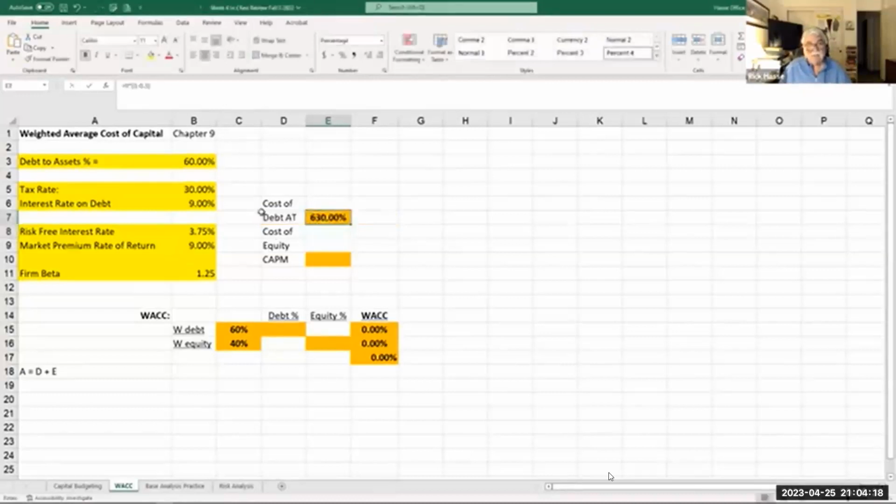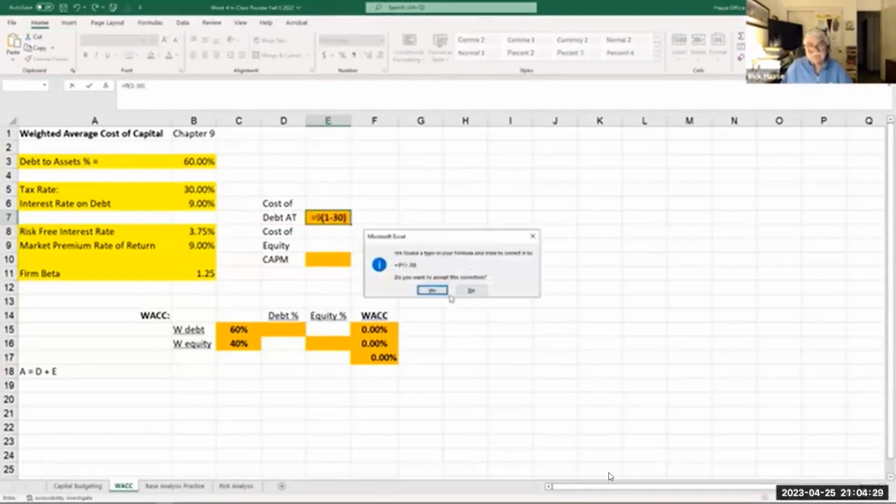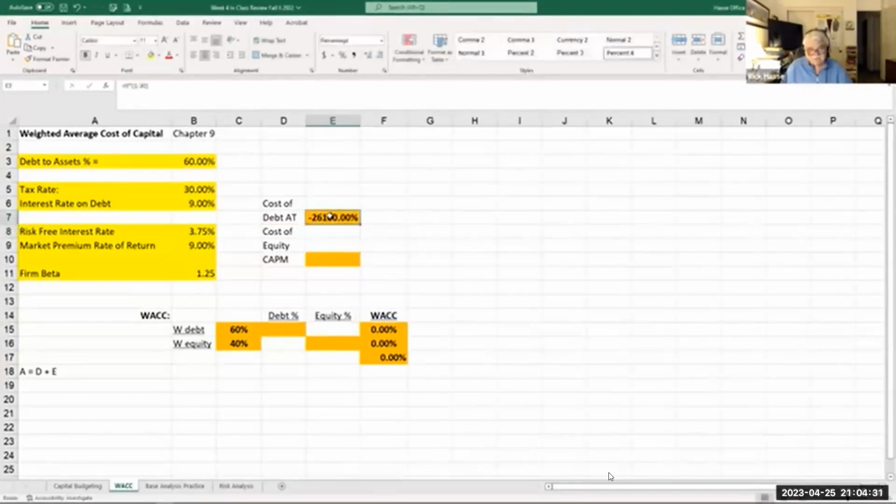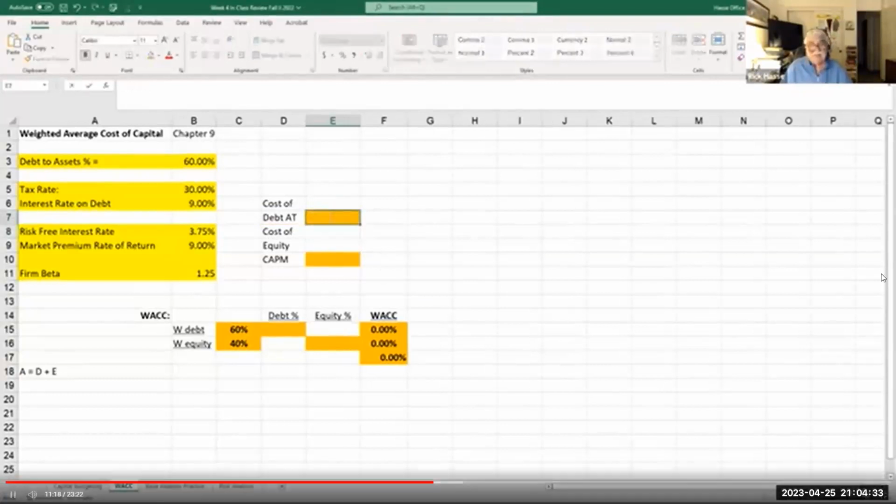Excuse me, I put the numbers in wrong. Let's do that again. 9% times 1 minus 30%, and we get... okay, let's go back to the drawing board here.